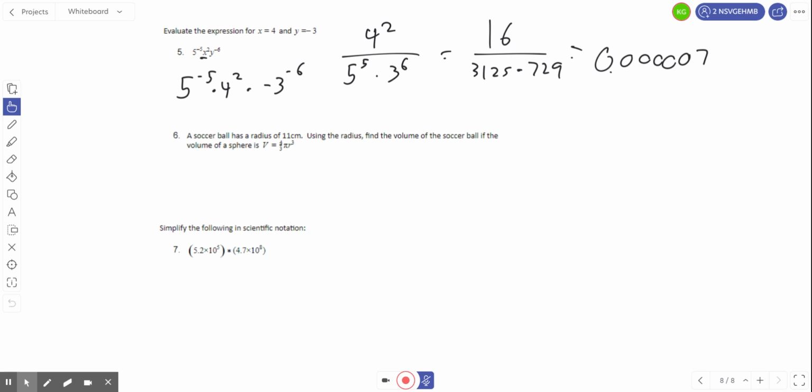Now you could also write this as 7 times 10 to the negative, and let's see, 1, 2, 3, 4, 5, 6, so 6.